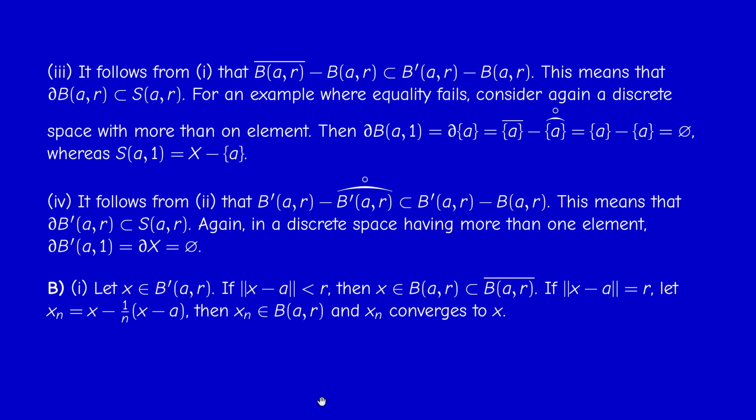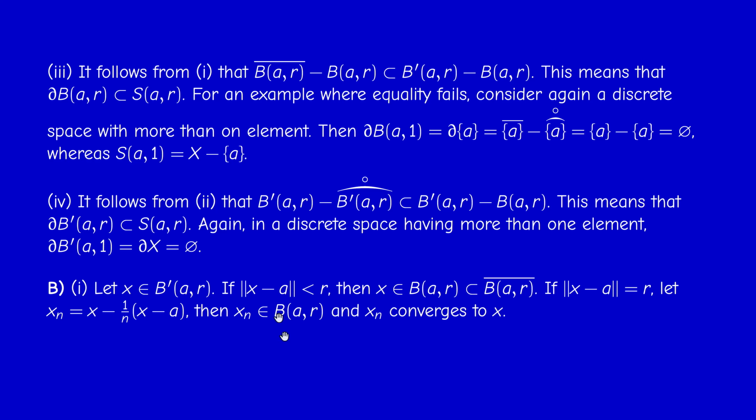So we have A, x_n, and x on the same line, on the same ray. You can easily check that x_n is in the open ball of center A and radius r. Why? Because if you subtract A, you get x minus A in common, and you get 1 minus 1 over n times x minus A. When you take norms, you get r times 1 minus 1 over n, which is less than r.